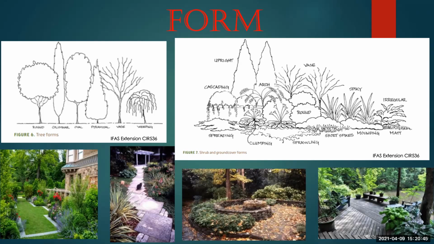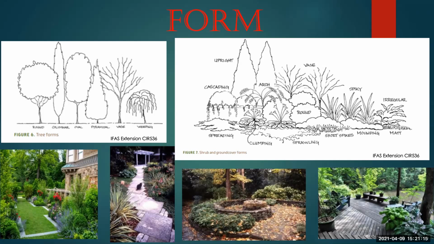So on tree form, we have the round, which can be found in red oaks and red maples and Ohio buckeyes. And then we have a columnar, which we can find in the Lombardy poplar. And then you've got oval, which can be like the paperbark birch or Kentucky coffee tree. You have the pyramidal tree shape, which can be like the bald cypress or the ginkgo biloba tree.